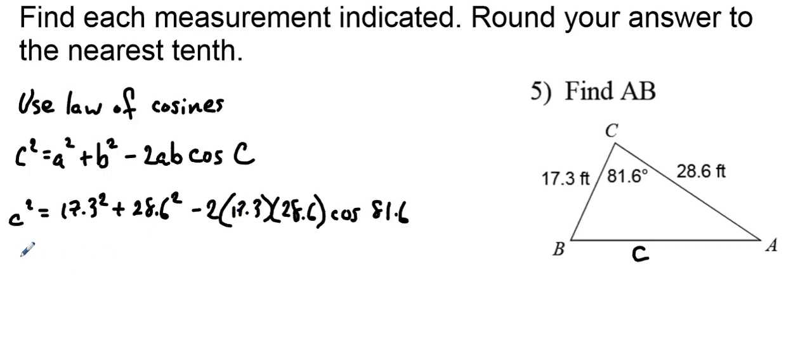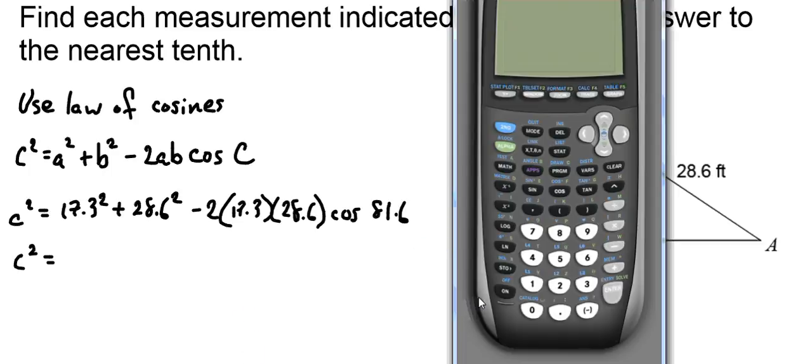Now, we can plug all of these numbers in at the same time, exactly the way that you see it written. However, there's one important thing that we have to do first, so let's turn our calculator on. We have to make sure that our calculator is in degree mode. If it's not, you're going to get the wrong answer. So let's check that really quick. So I press mode.